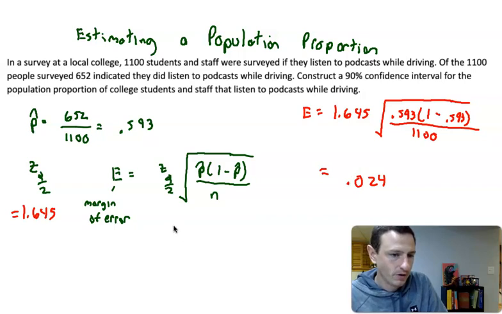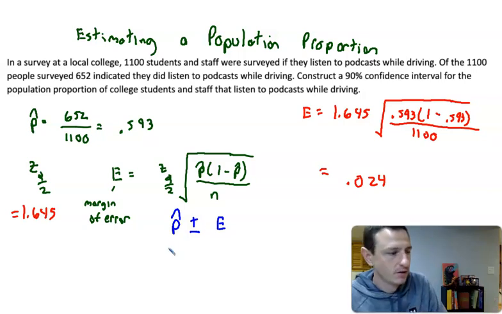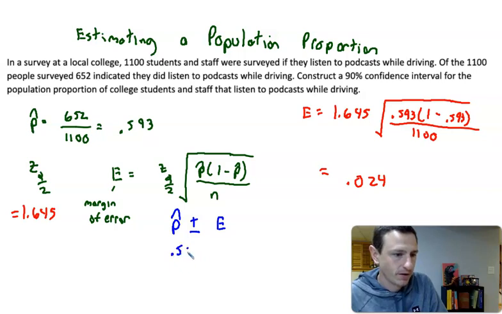So from here, we are going to take p-hat. We're going to add on and subtract off that margin of error, because we're creating an interval based on a level of confidence. So p-hat, we calculated to be 0.593. So we're going to add on the margin of error of 0.024, and we're going to subtract off our margin of error of 0.024.